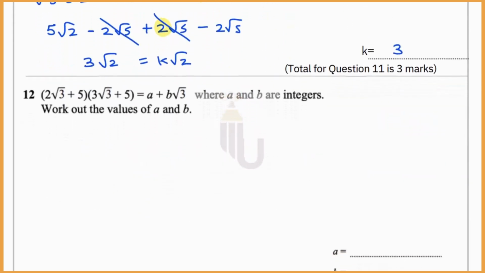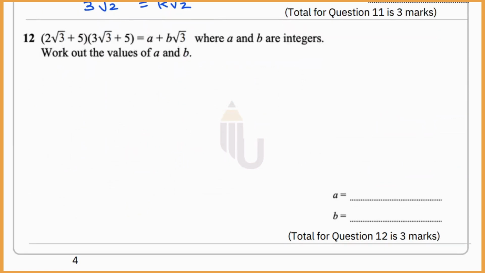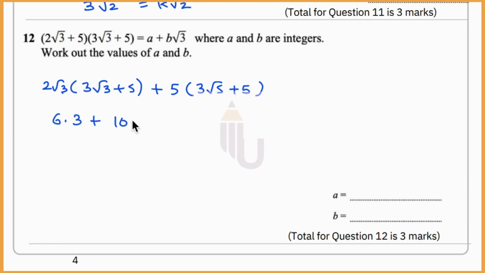Now like this, in the 12th question also we have to follow the same approach. We will be just multiplying 2 root 3 with 3 root 3 plus 5, and then 5 with 3 root 3 plus 5, and then we will simplify and then compare with right hand side. 2 3s are 6, root 3 times root 3 is 3, 2 5s are 10 root 3, then 15 root 3, and then 25.